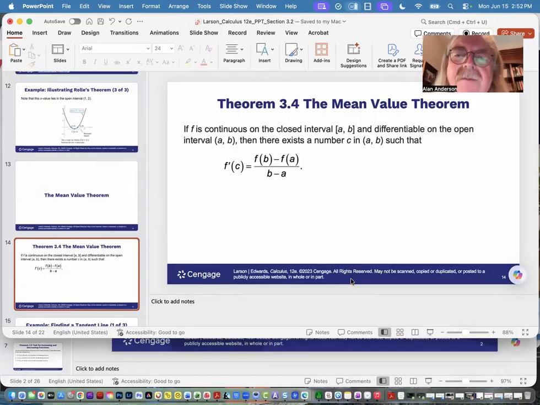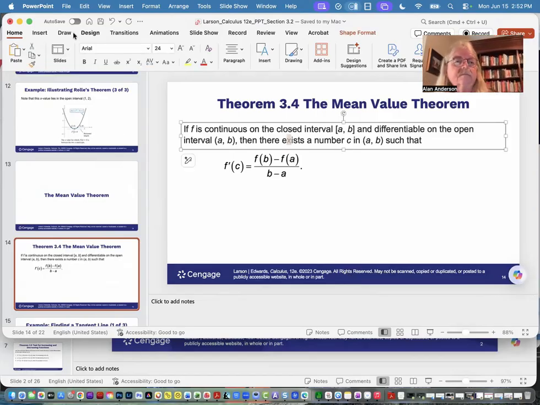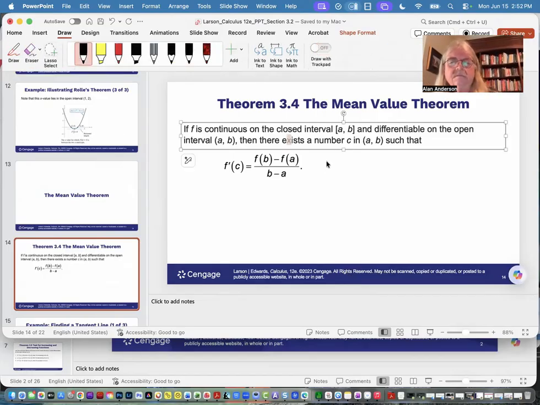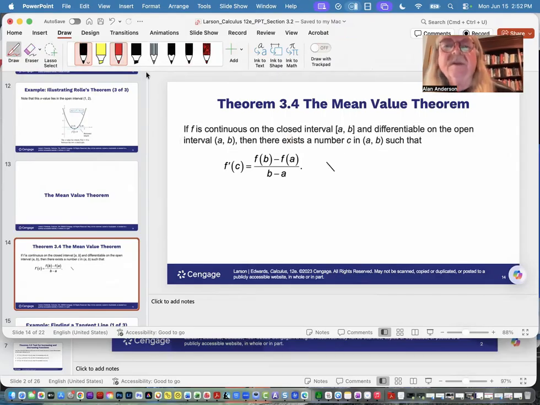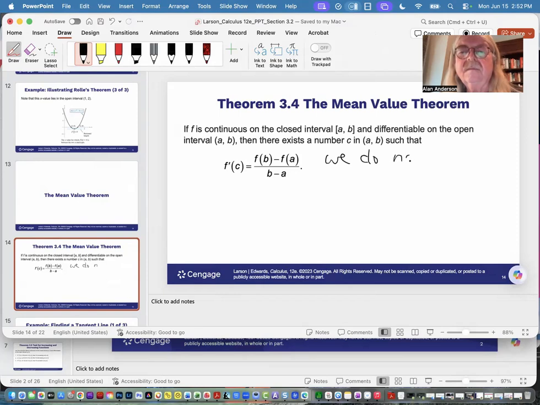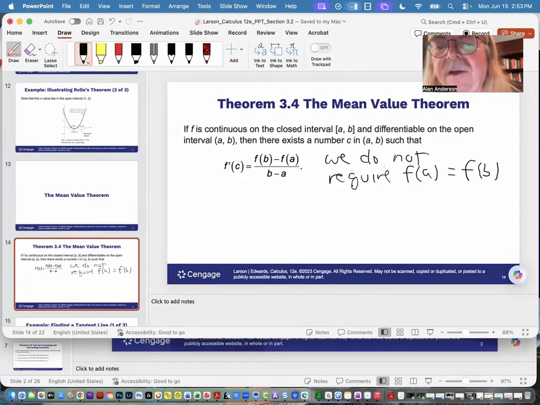In the mean value theorem, we don't require the two endpoints to be the same. That is the big difference between the two theorems. As a matter of fact, you can see why we can't require that, because if these were equal, then this would just reduce to 0. But that wouldn't do us any good, would it?